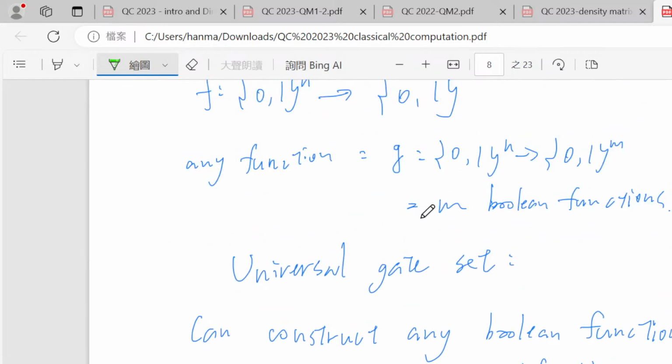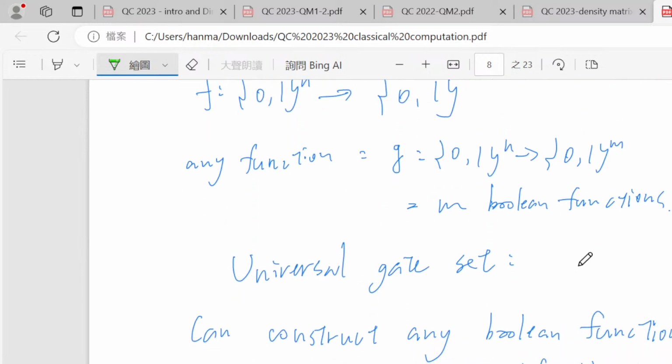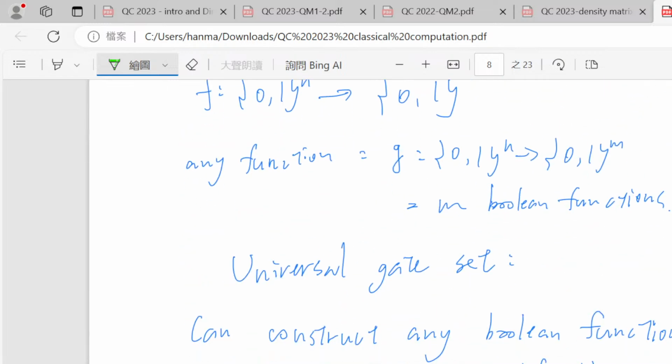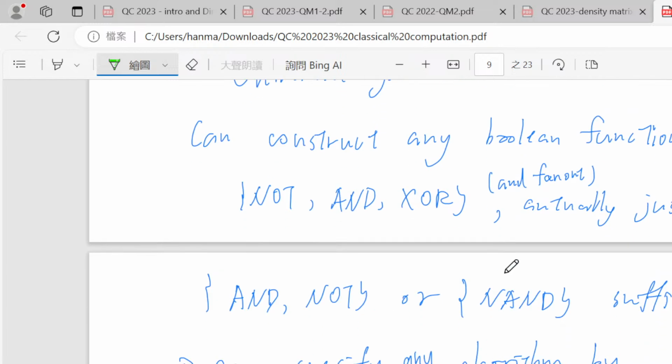Back to a little more about the circuit model. This concept is connected to a universal gate set, which means that we can construct any Boolean function in the circuit model from some finite number of gates, for example NOT gate, AND gate, and XOR gate, and fan out. Actually you can get an even smaller set: NOT and OR, or even just the NAND gate is enough.